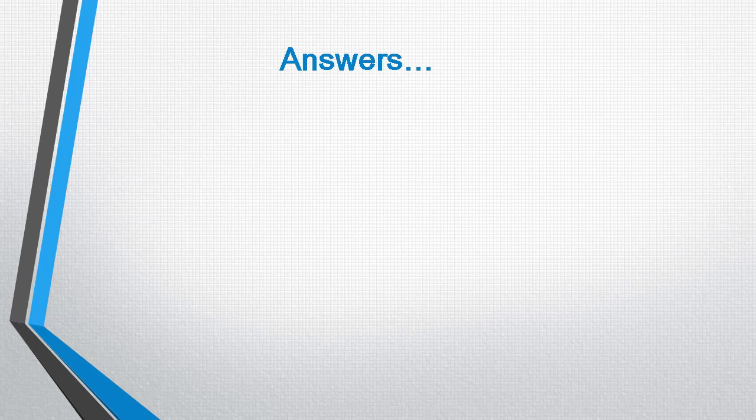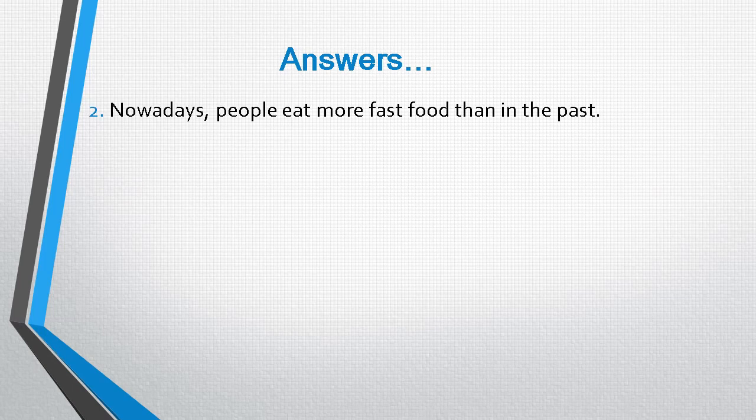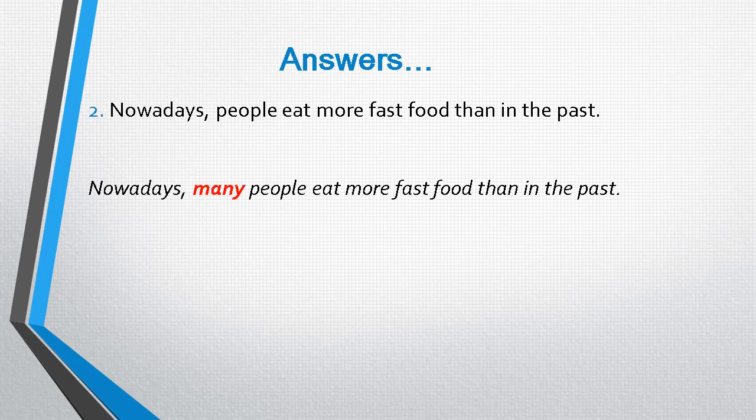For number 2, I've simply added in 1 word, and now it reads: nowadays, many people eat more fast food than in the past. Even though I'm not completely sure that is true, the fact that I've said many people shows that I'm not saying that everybody eats more fast food than in the past.